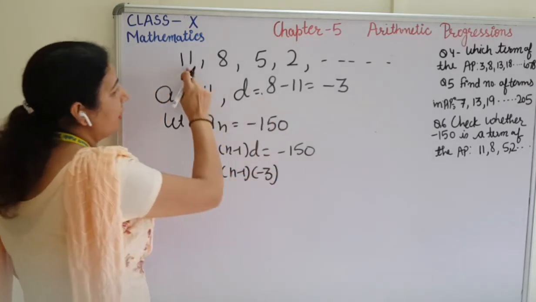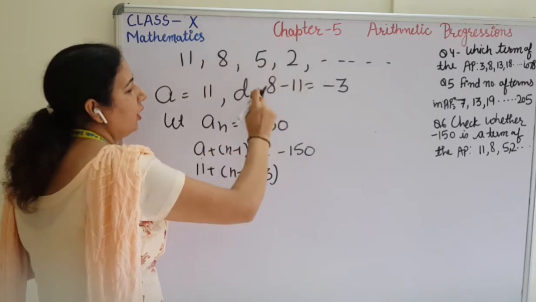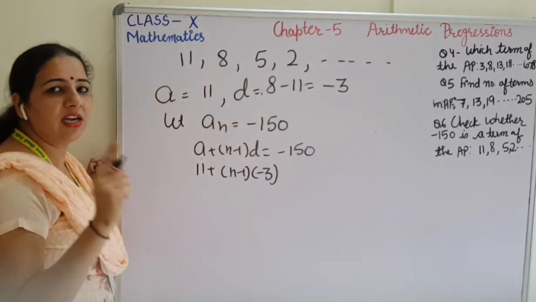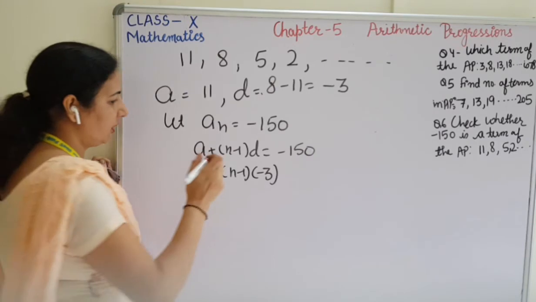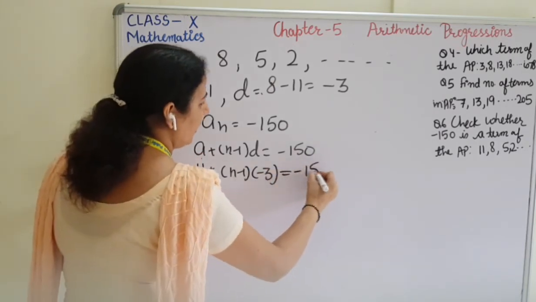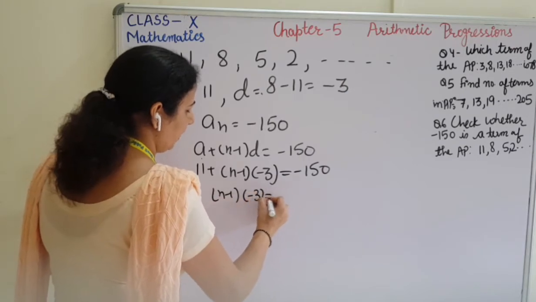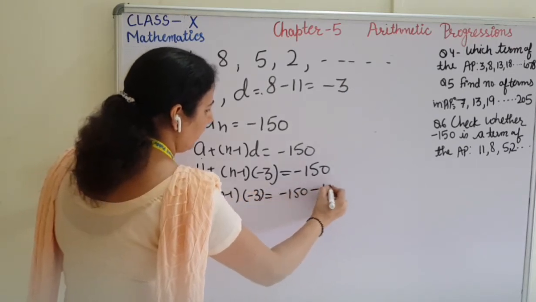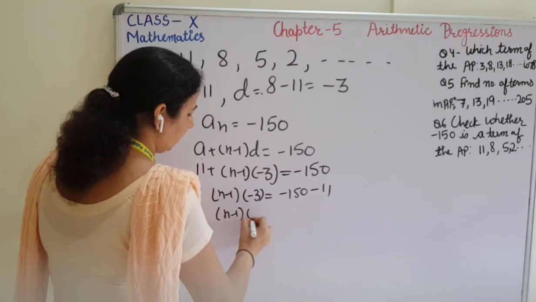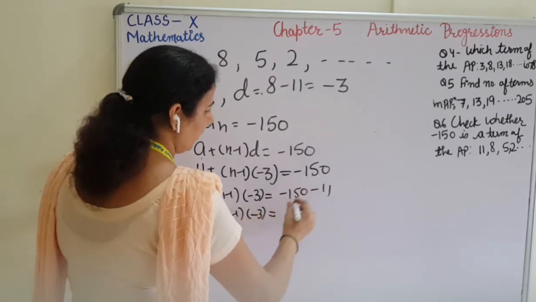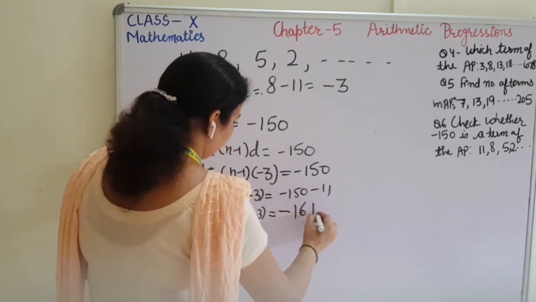See students, the series is in decreasing order, so D is minus 3. In increasing order, D will be positive. So 11 plus n minus 1 into minus 3 is equal to minus 150. Minus 150 minus 11: n minus 1 into minus 3 is equal to minus 161.